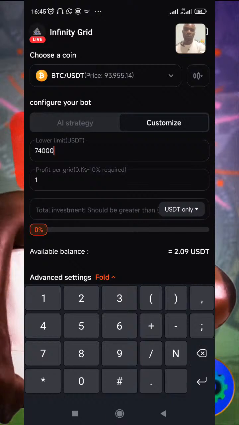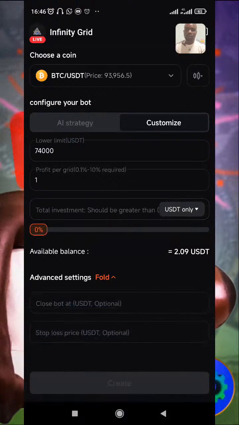And then when you do that, under the investment, the lowest amount that we can invest or start running this bot is 50 USDT. So in order to operate this grid bot on the Bitcoin USDT market, you'll need a minimum of 50 USDT. So before rushing to create a bot here, remember you need a minimum of 50 USDT in order to operate this bot.